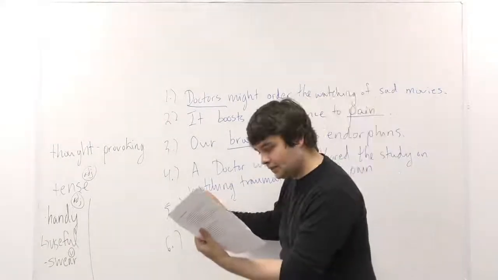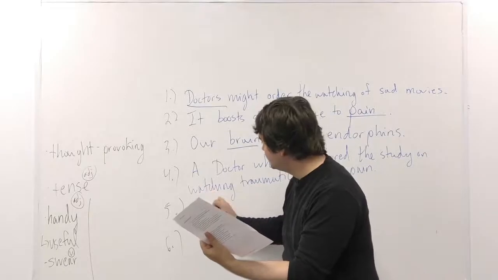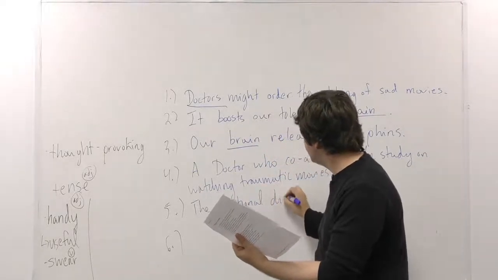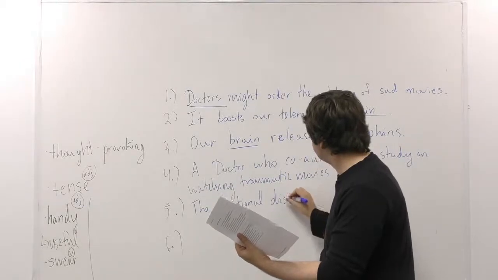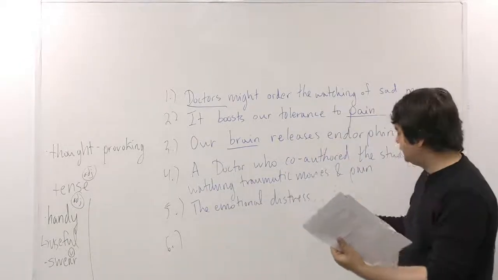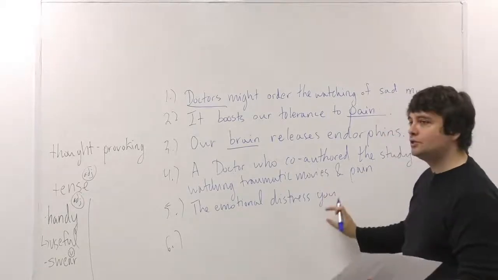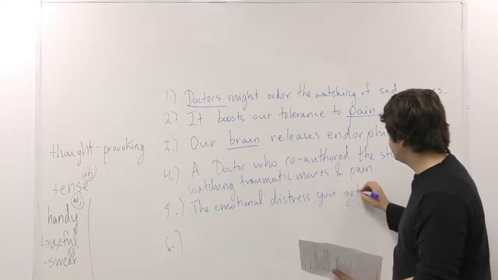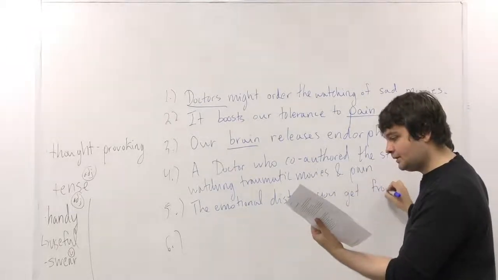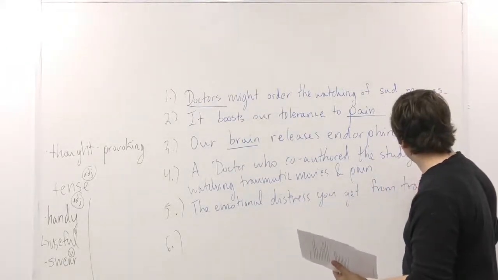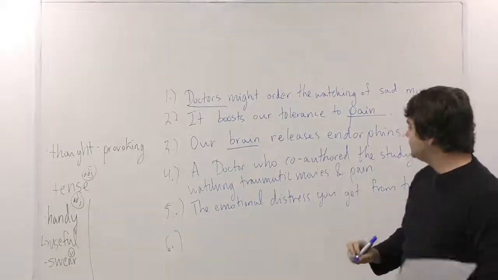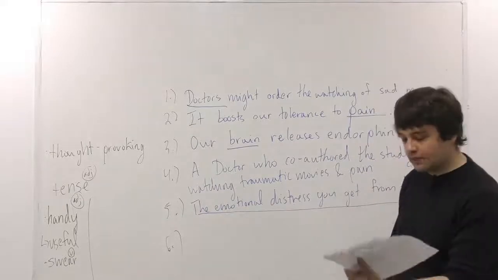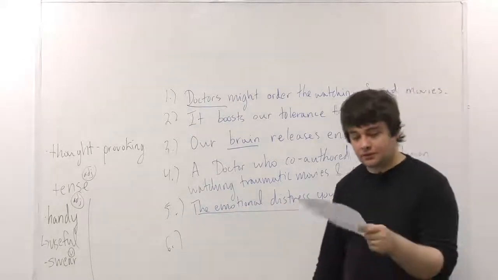It would be the emotional distress you, now this you doesn't mean you, it means you as in general you, right? You get from tragedy. So the emotional distress you get from tragedy is our answer, right? That may trigger the endorphin system.